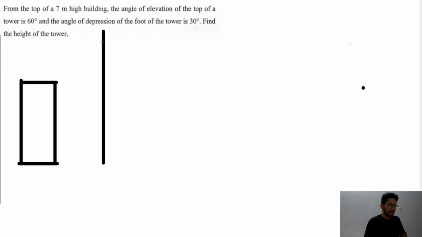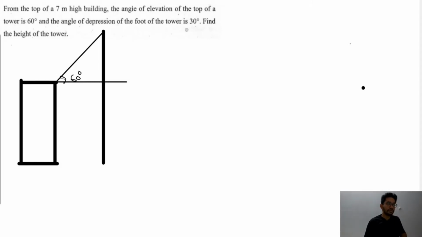Angle of elevation means from here to here, that is the angle of elevation, and they've given an angle that is 60 degrees.